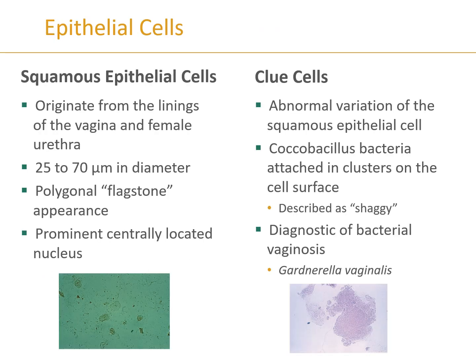When we talk about epithelial cells in the vaginal or the urinary tract, the urethra, typically what we see are our squamous epithelial cells that coat those linings.